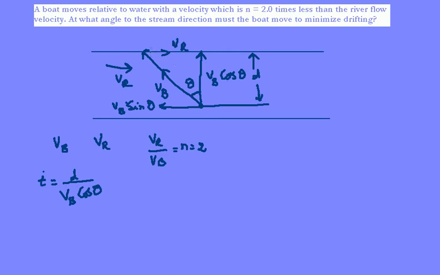This would be the velocity vector component for the river. So the drift would be the velocity of the river minus the opposing velocity, which would be the sine component of the velocity of the boat, into a time of t.